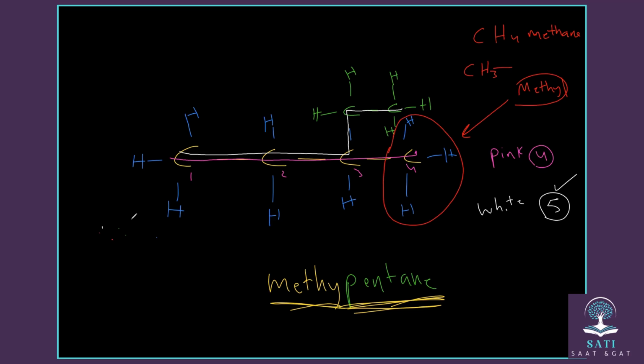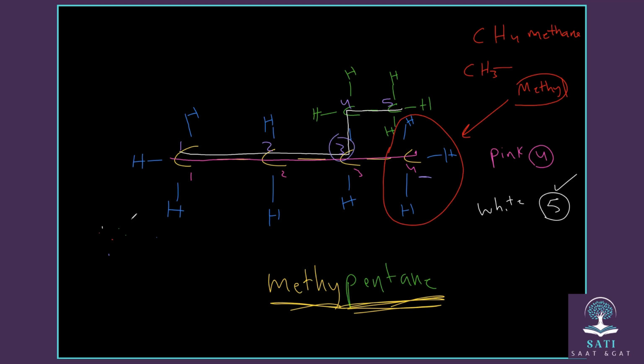Now, when I have methyl pentane, I have to specify in which carbon atom the methyl is attached. That means you need to number the carbon atoms in the chain. How do I number them? If I number them like this, 1, 2, 3, 4, 5, the methyl here is attached to which carbon atom?